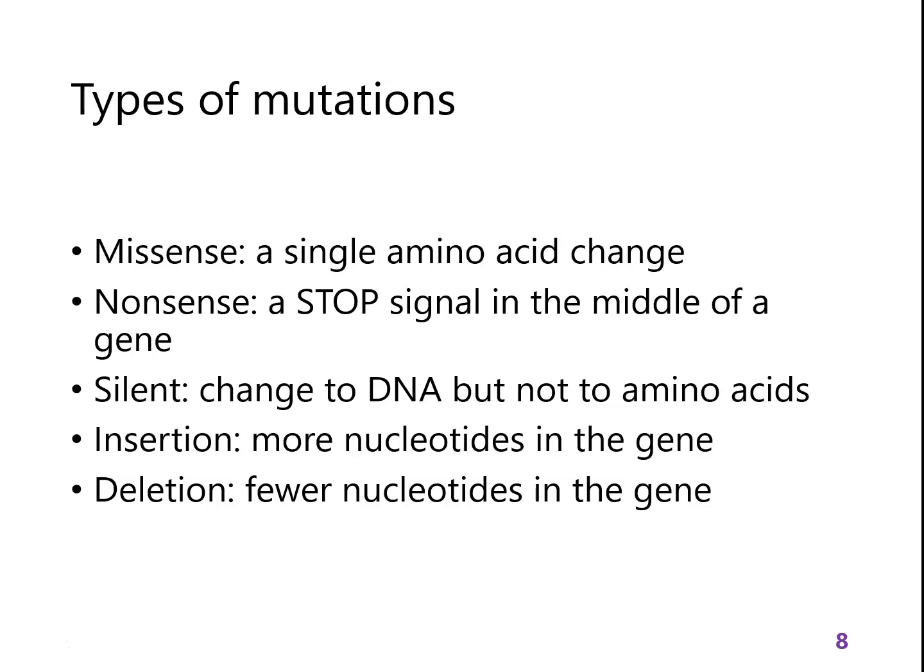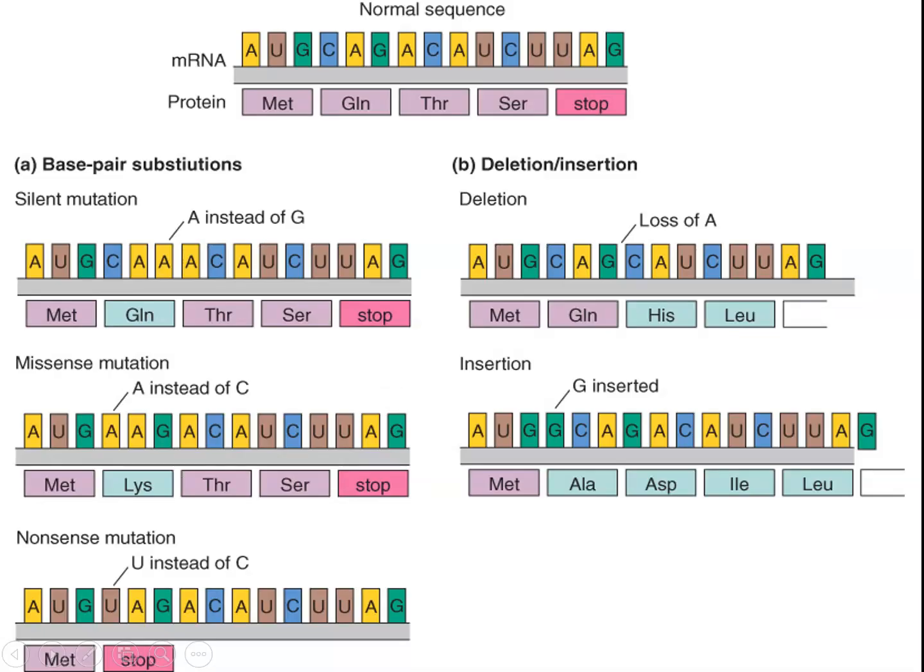That means when it's time to translate that gene, the ribosome will stop wherever it hits the stop codon, and it won't finish making that protein. So the protein could be completely inactive. And then there are situations where DNA gets inserted or deleted. And this can matter because the reading frame can change. So let's look at all of these.